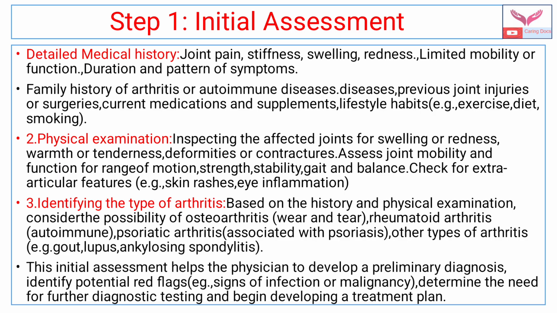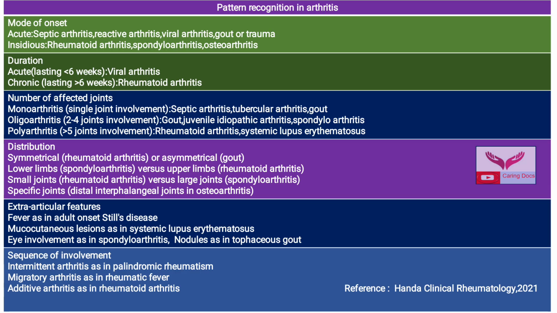This initial assessment helps a physician to make a preliminary diagnosis and identify the potential red flags. Red flags are signs of infection or malignancy, and determine the need for further diagnostic testing and treatment plan.